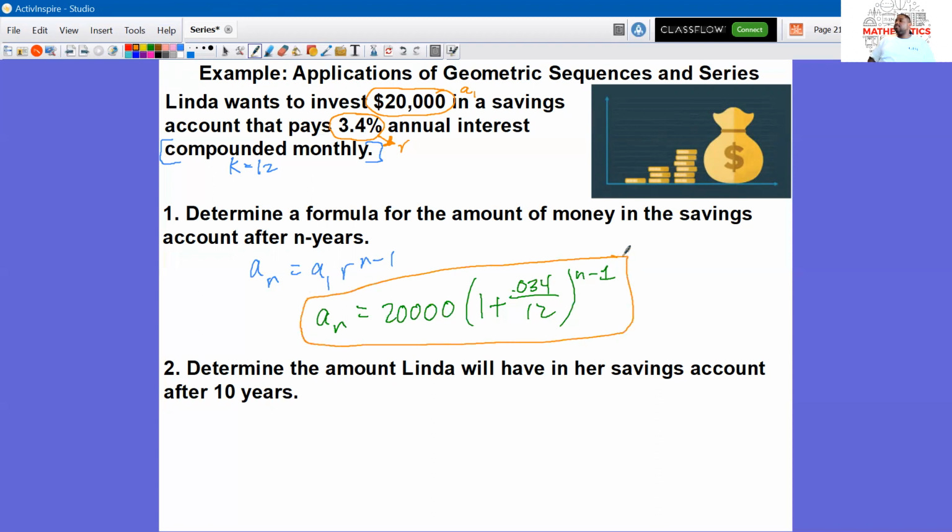Okay. Now it says determine the amount Linda will have in her savings account after 10 years. Okay, so that will be the sum of the first 10 terms. Okay, so we're looking for S10. So S10, we got 20,000 times 1 minus, we got to deal with that. Let me see what that is.